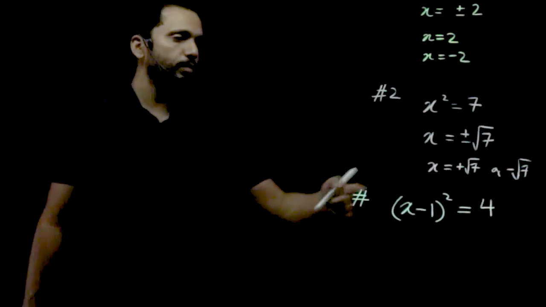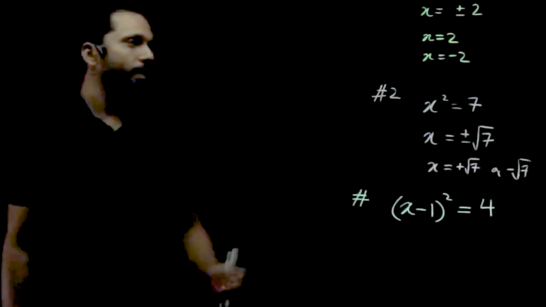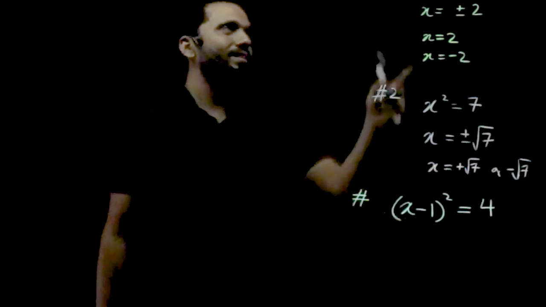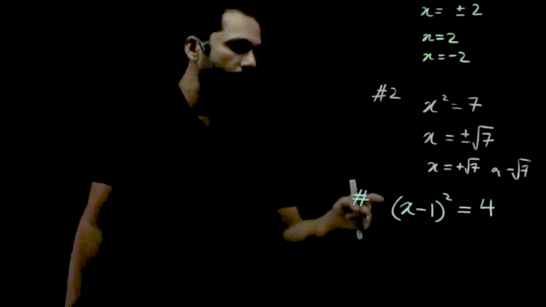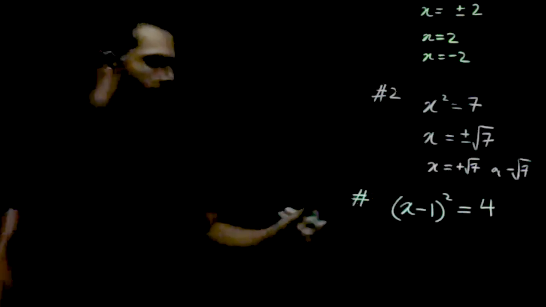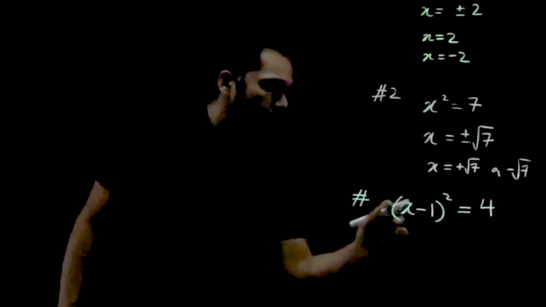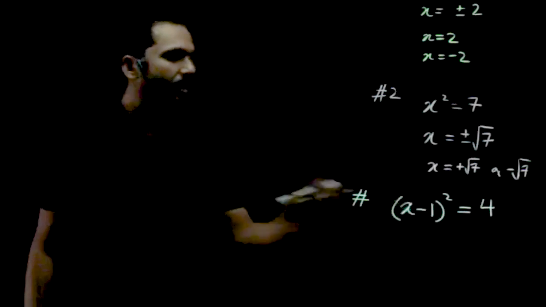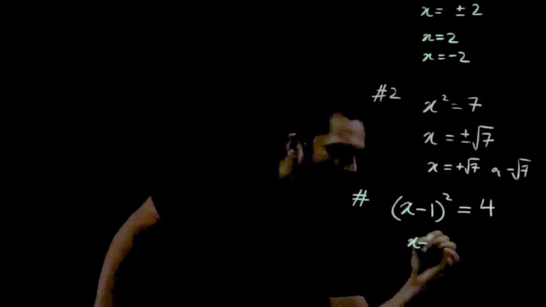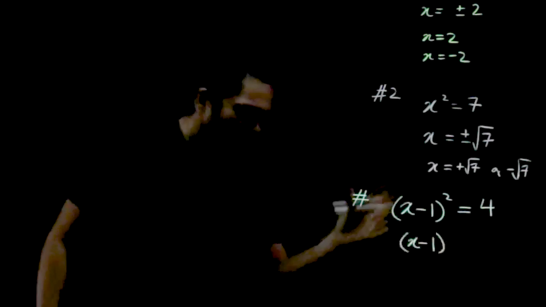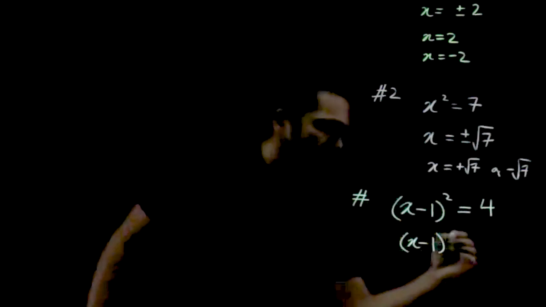What is the difference between this question and the earlier ones? Not much. This one has almost the same look and feel. Some quantity, your x minus 1, you can call it, say, t, so t square is equal to 4. So what is that t?